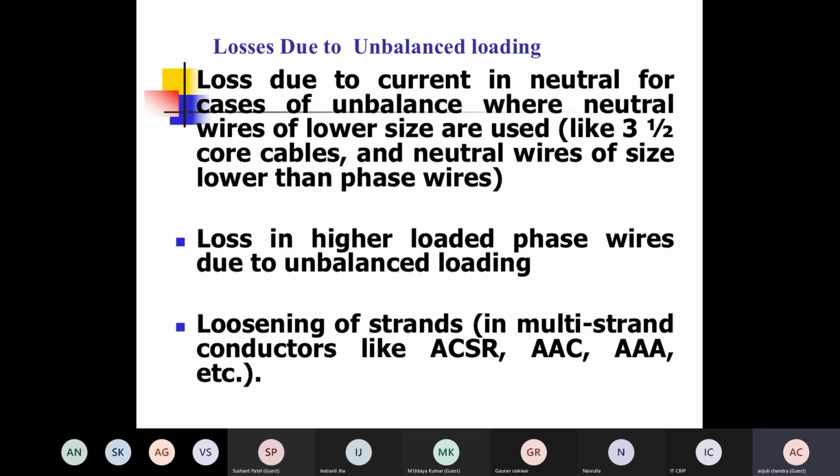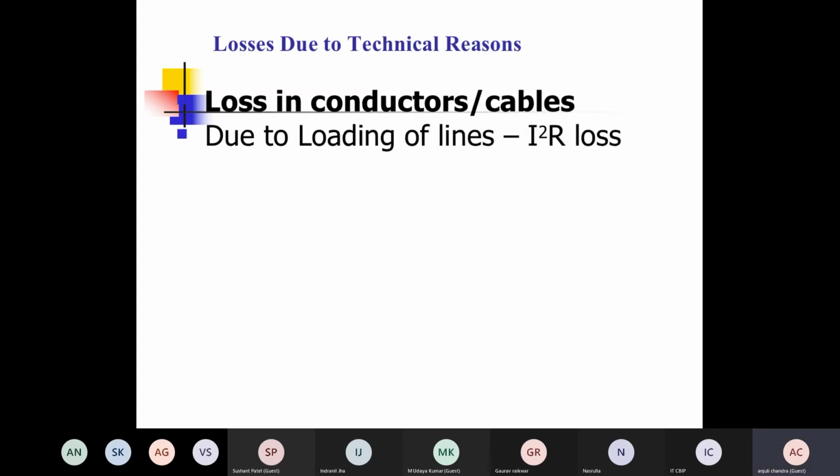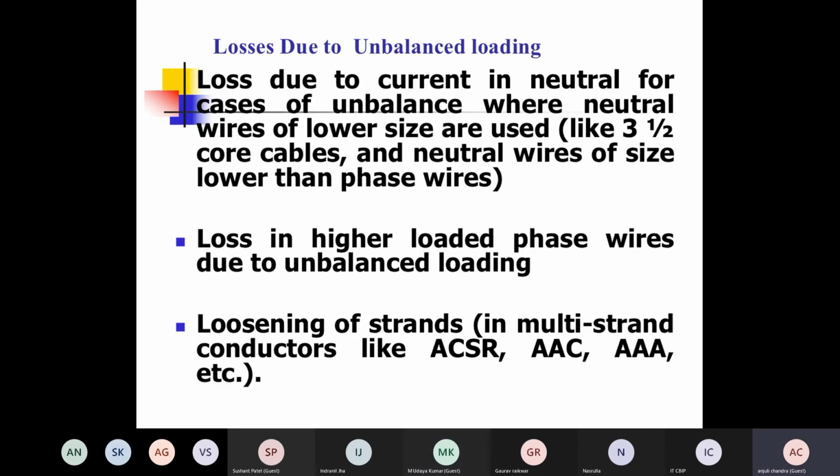So if we talk about loss in conductors and cables, it is due to the loading of the line. Once there is a given configuration and design, the loss will depend on the loading of the line, which will be I square R loss. Is it okay? Yes, ma'am. Then there can be a loss due to unbalanced loading.